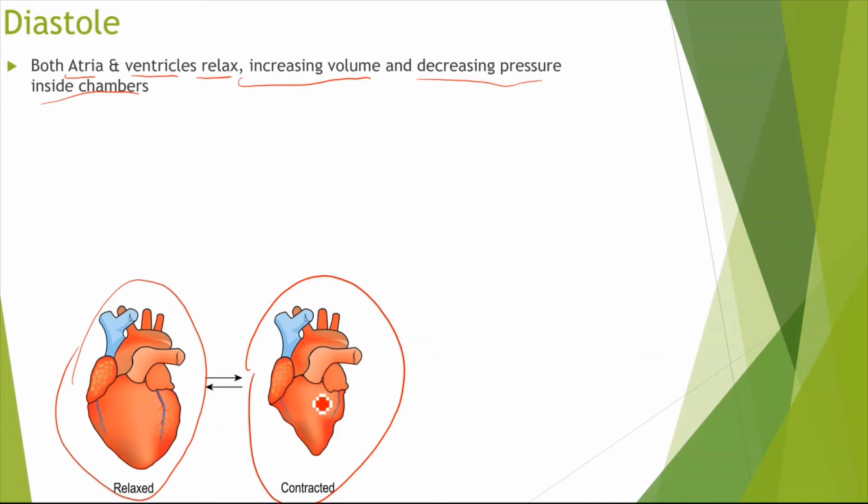Bigger volume just means there is a lower pressure inside the chambers. So because there is a lower pressure inside, the blood from the veins, such as the pulmonary vein and the vena cava, would start to fill the atria. This would again be down the pressure gradient.